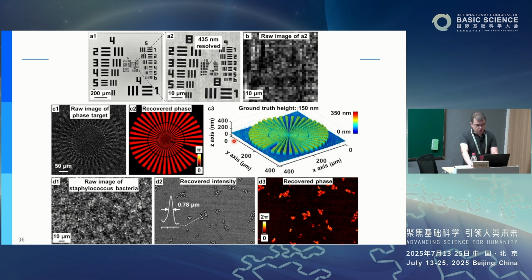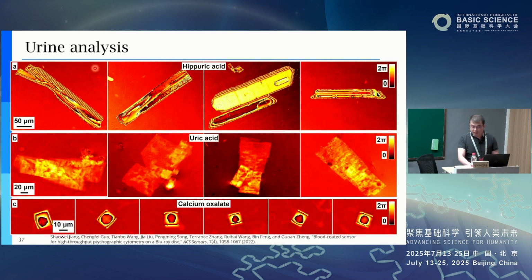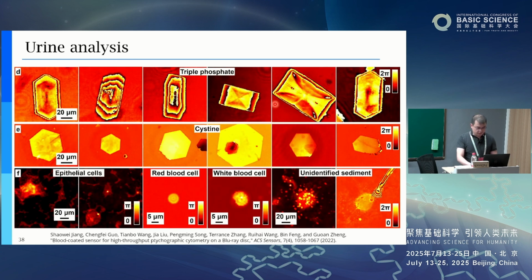One application we are trying to target is urine analysis. This is the urine sample collected by my student. If you look at a urine sample of yourself, you can find a lot of different stuff. These are different types of crystals, and these are more crystals, and there's some other unidentified stuff in your urine sample.